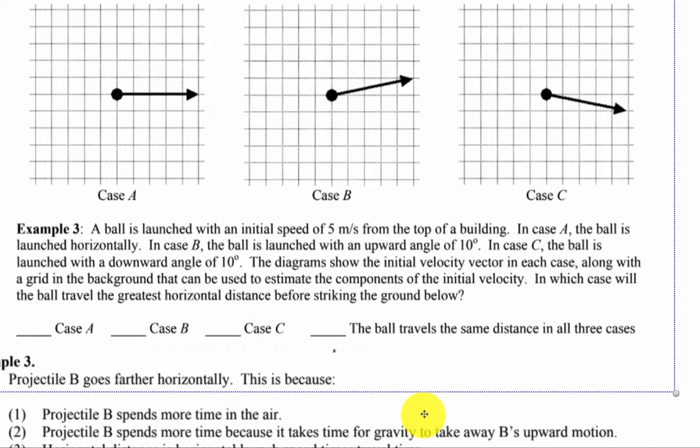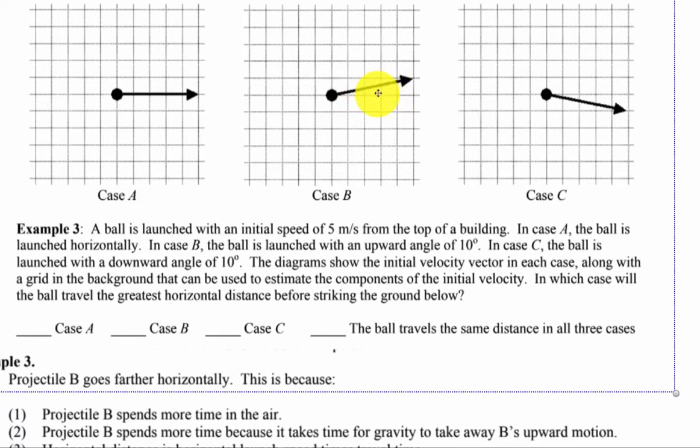So if we look at this, I think I made a misstatement up here. All of these, if you count 1, 2, 3, 4, 5, 1, 2, 3, 4, 5, 1, 2, 3, 4, 5, they all have a horizontal velocity that's equal.